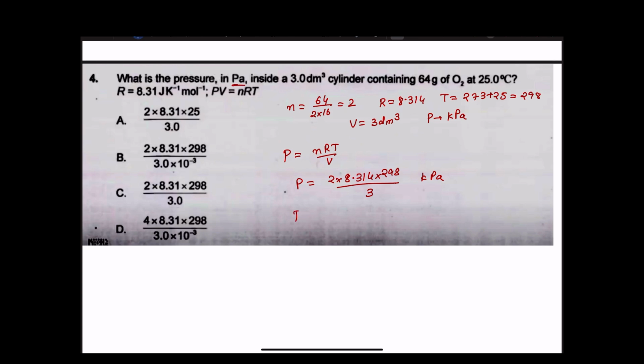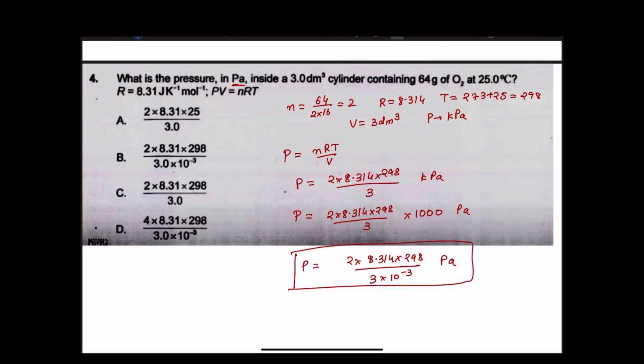So kPa to Pa is times 1000. 1 by 1000 can be written as 10 to the power minus 3. So I can also write it as divided by 3 times 10 to the power minus 3 Pa. Now if I look at the options, it matches with option B.